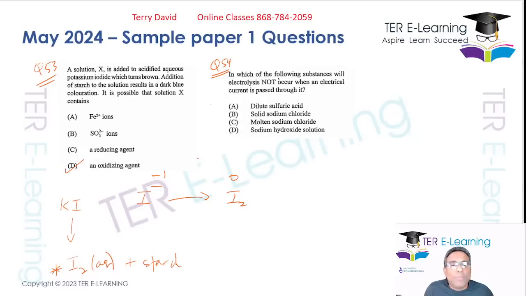What about 54? In which of the following substances will electrolysis not occur when an electric current passes through it?